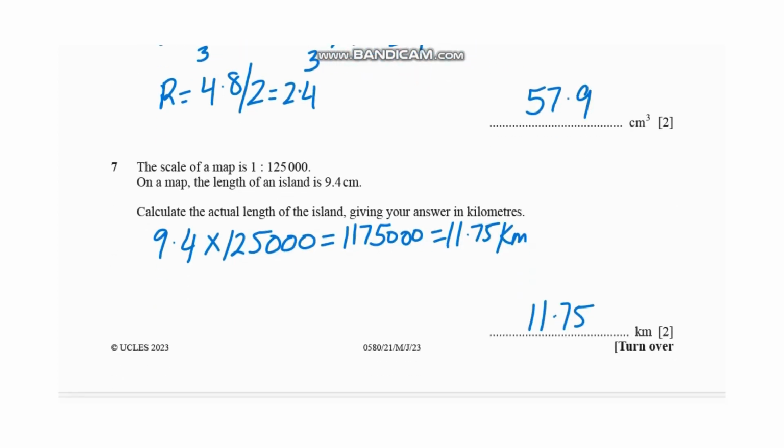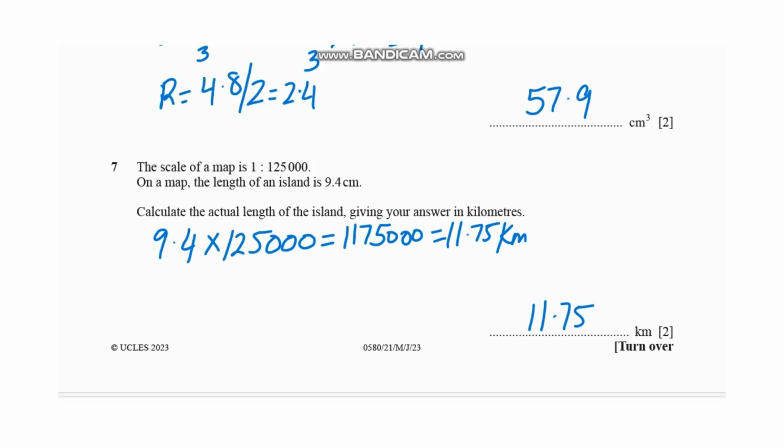Question 7 states, the scale of a map is 1 to 125,000. On a map, the length of an island is 9.4 centimeters. Calculate the actual length of the island, giving your answer in kilometers. So first, we will multiply 9.4 with 125,000, and that will be 1,175,000. Then we have to convert centimeters into meters, which is 1 meter is 100 centimeters.